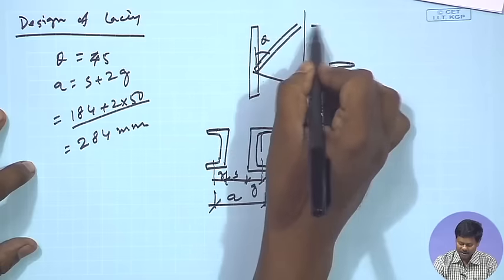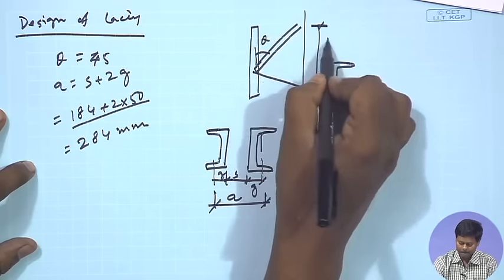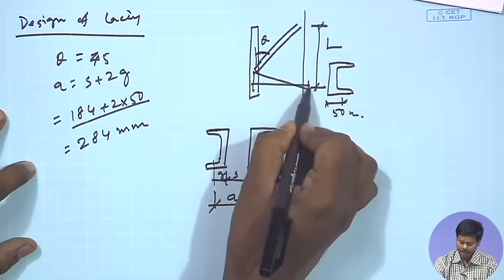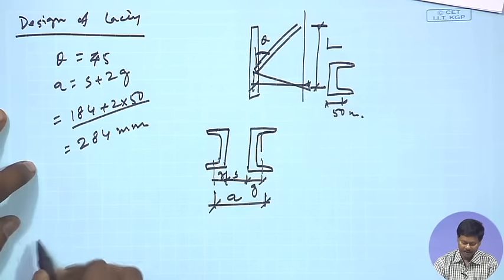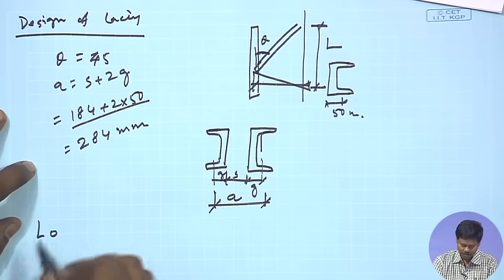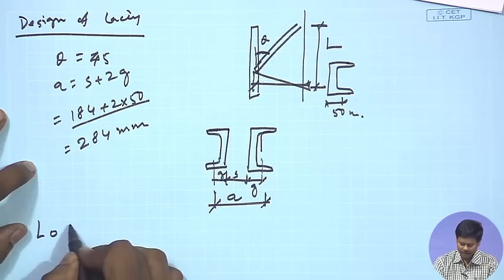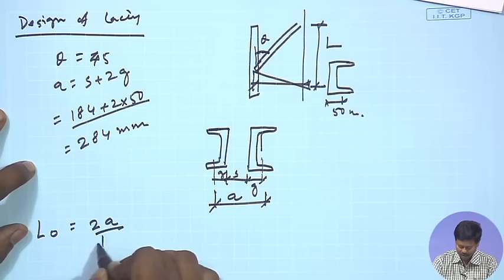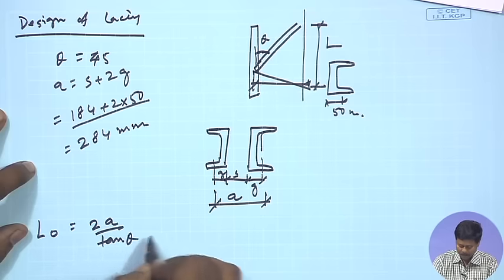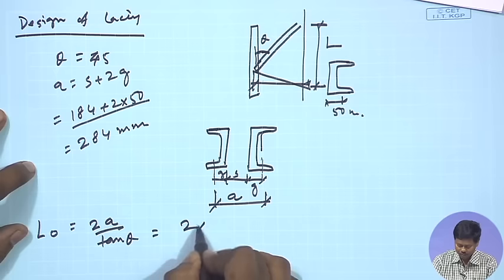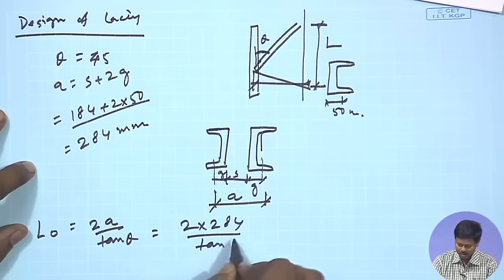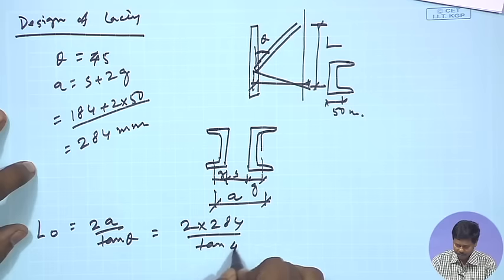the spacing between lacing L, because we know the angle of inclination, we know A. So we can find out the spacing between lacing bar. So L0 will become 2A by tan theta. So 2 into A, 284, by tan 45 degree.